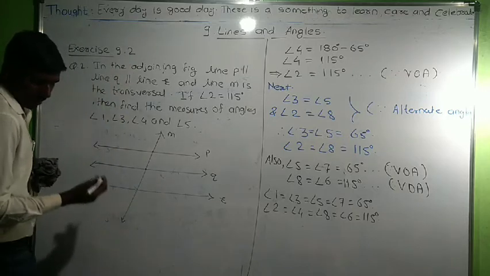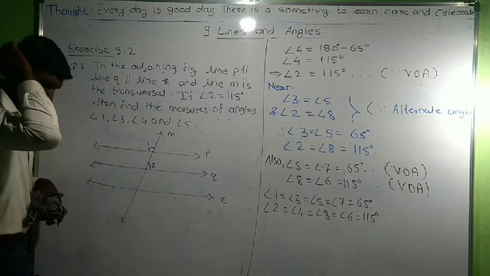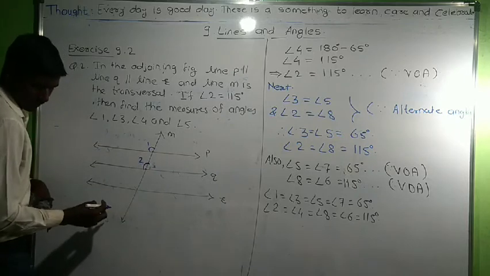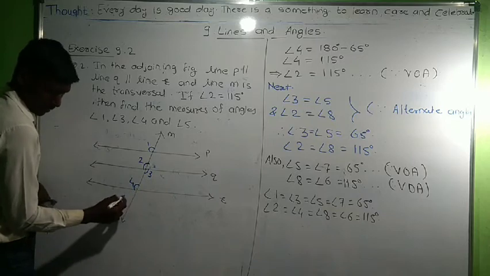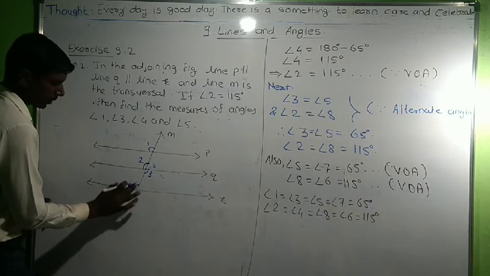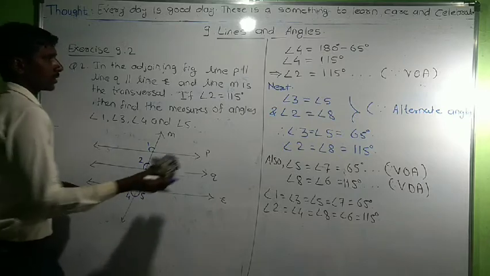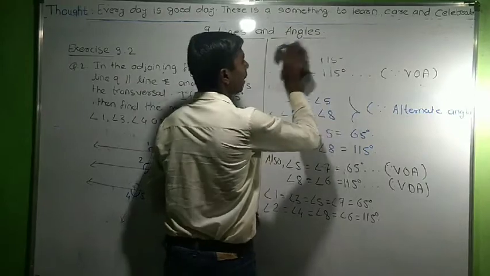Angle 1, angle 2, then sorry, here not. Angle 2 is here, angle 3 is here downside, angle 4, and angle 5. Okay, so let's start the answer. It's very simple.